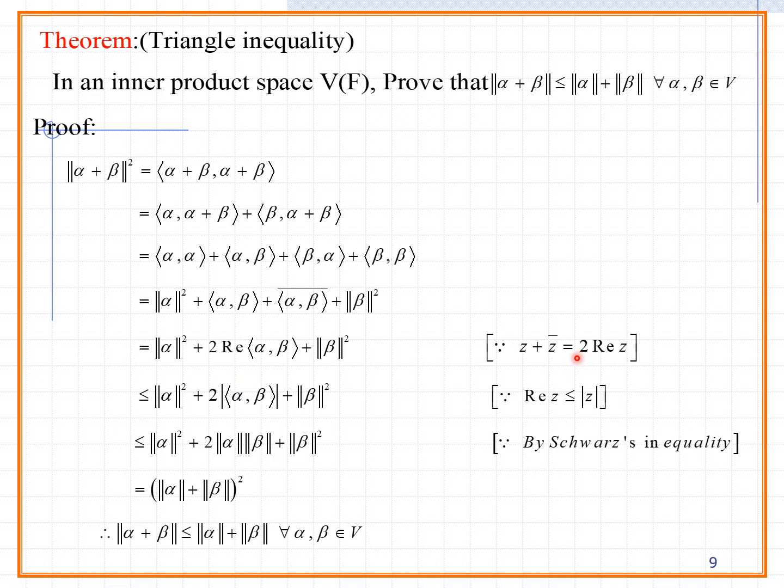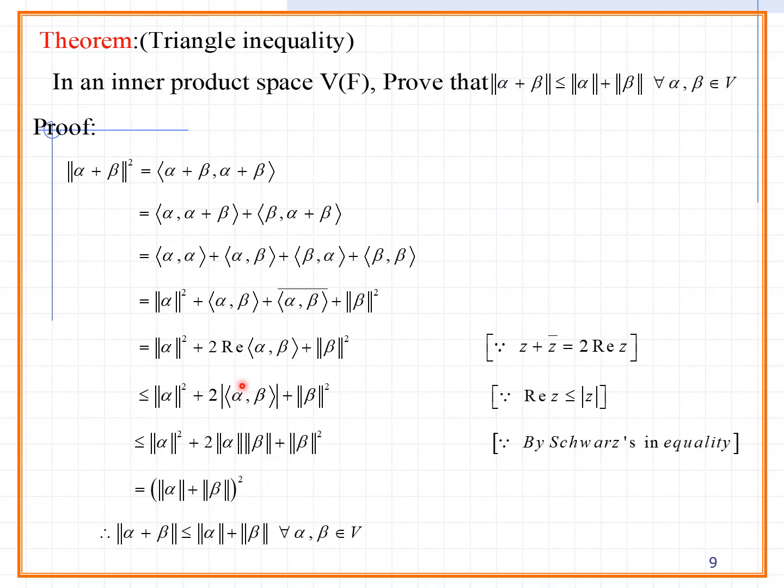So by using this property, the inner product of alpha comma beta plus its conjugate can be written as 2 times the real part of the inner product of alpha comma beta. This can be written as less than or equal to norm alpha squared plus 2 times the modulus of the inner product of alpha comma beta plus norm beta squared.